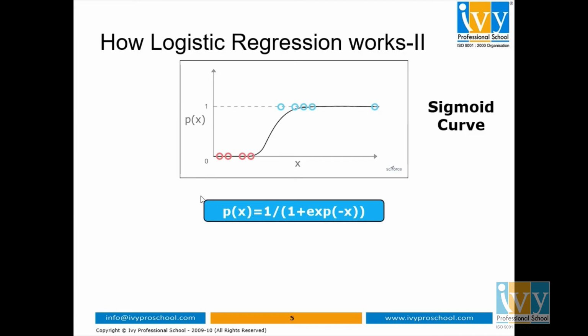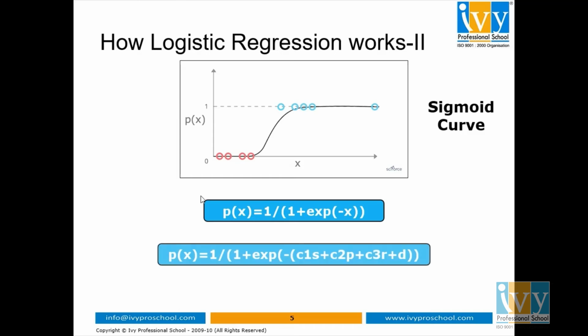So the equation converts to something like this: C1S plus C2P plus C3R plus D in place of x. You see? So S stands for spend per month, P for smartphone, whether they have a smartphone or not, R stands for their risk appetite, C1, C2, C3 are three coefficients, and D is just a constant.